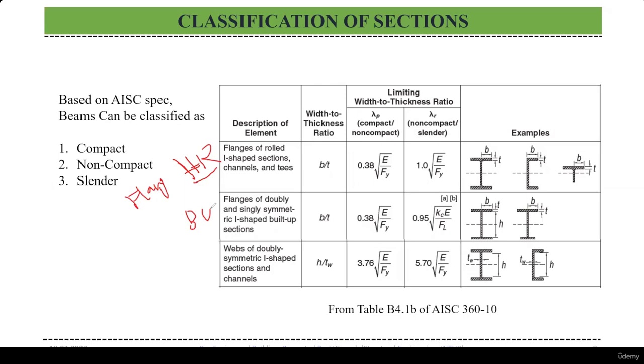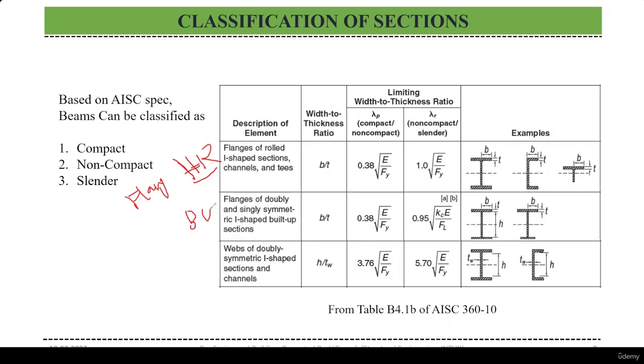So what is meant by a hot rolled section? Hot rolled section is nothing but they pour the hot steel into a mold, so that they will form a section after the cold process is done. Like that, they cast one section in the mold, that is called hot rolled steel.